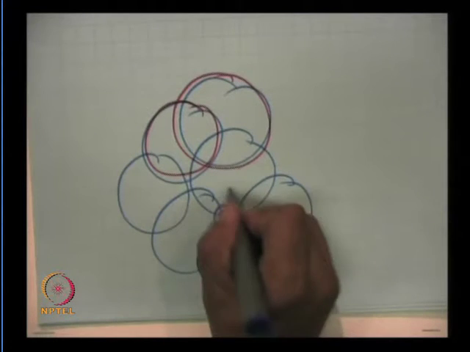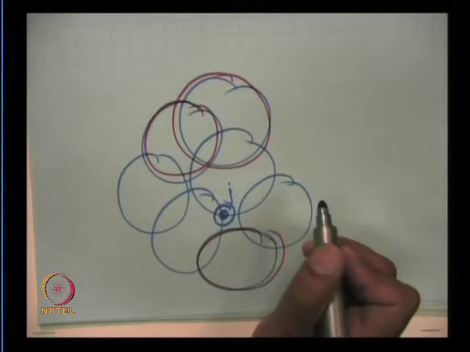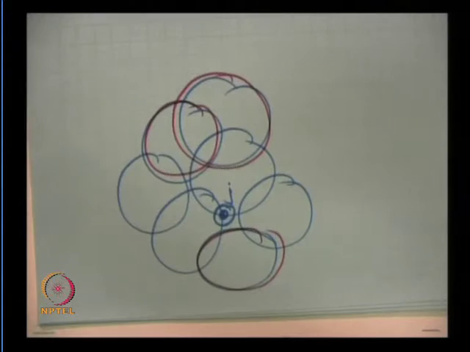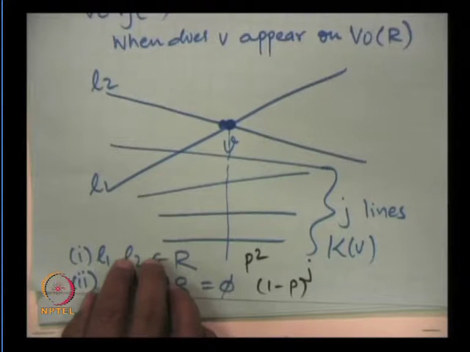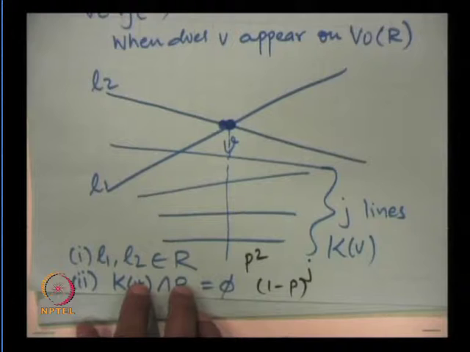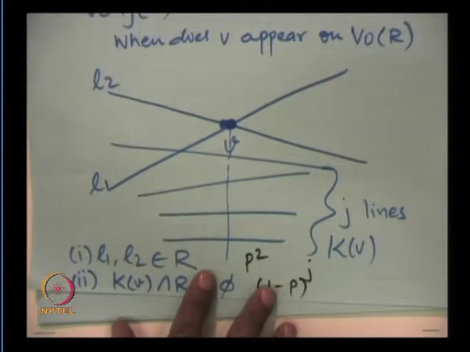If its label is j, it means it lies in the interior of j disks. Then again the same condition should happen: the two disks whose boundary defines this vertex should be chosen, and none of the disks that contain this vertex in their interior should be chosen, and the same thing goes on.